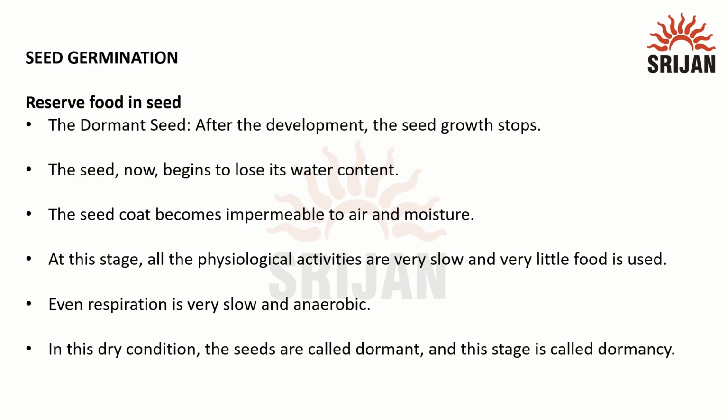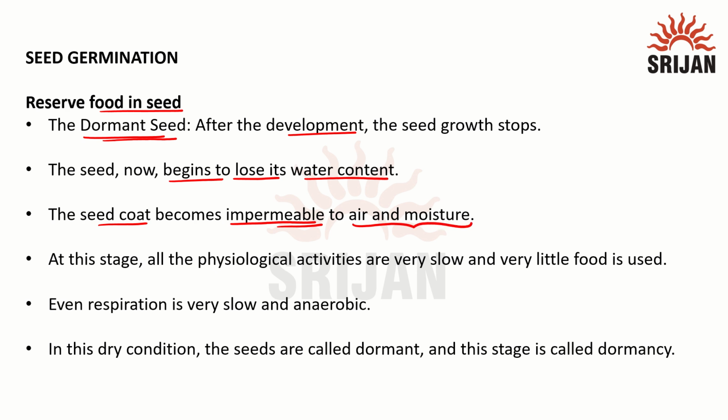Now if we take the reserve food in the seed, the seed is dormant, so it has to grow once the dormant period is over. Once the development is done, the seed growth stops. Once the seed growth stops, it will begin to lose its water content. Now the seed coat becomes impermeable to both air and moisture.